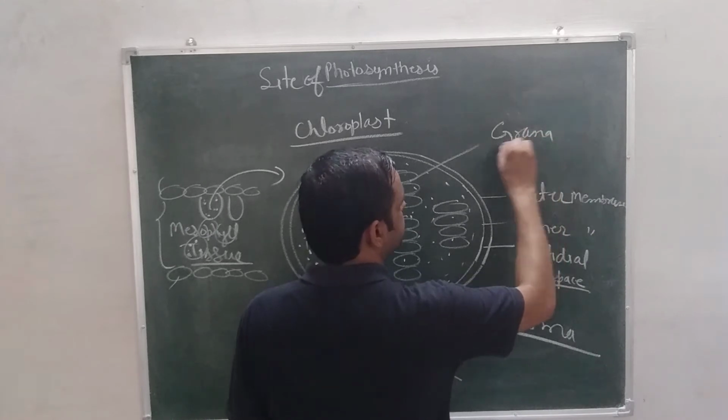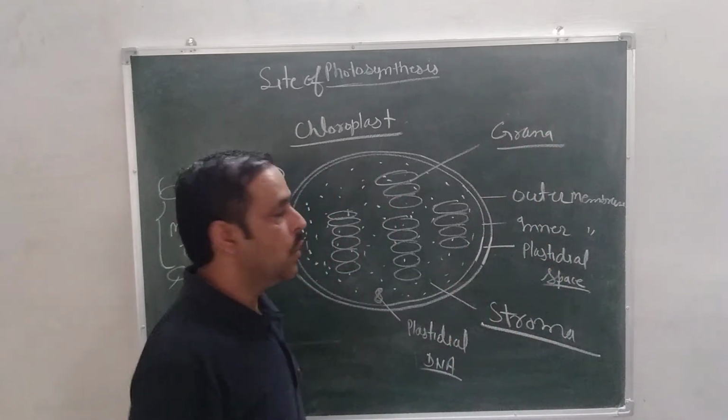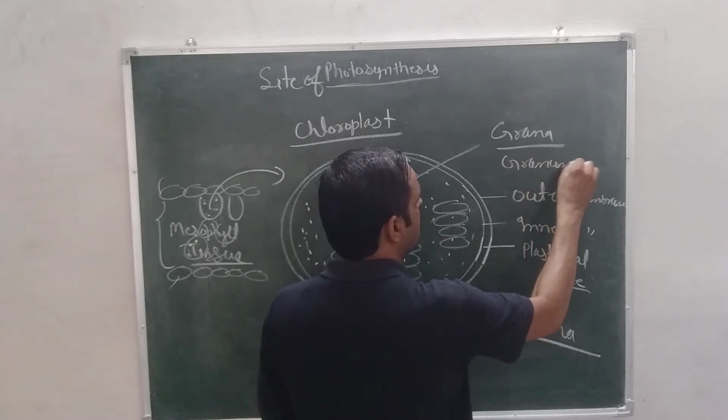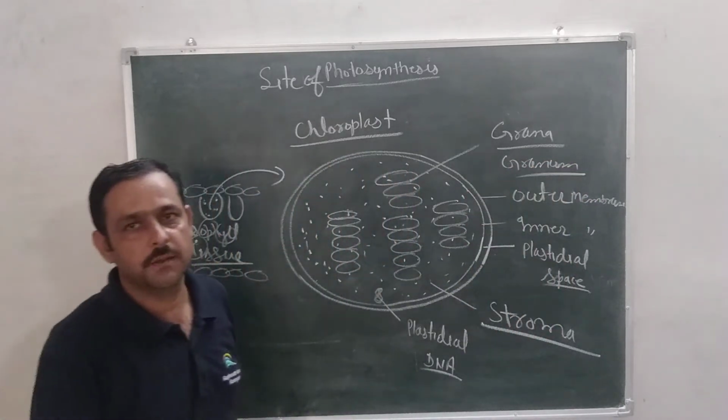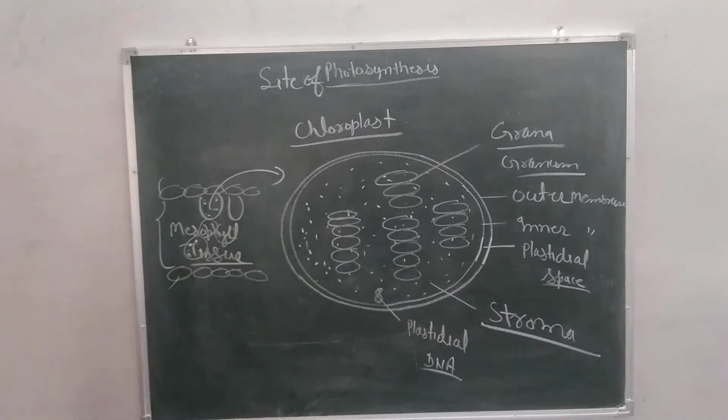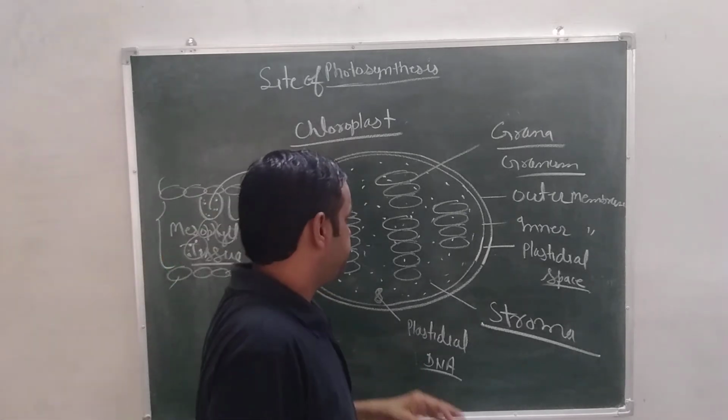The whole stack is called granum, and each part of granum is called grana, and it is a solid structure just like a coin collection.